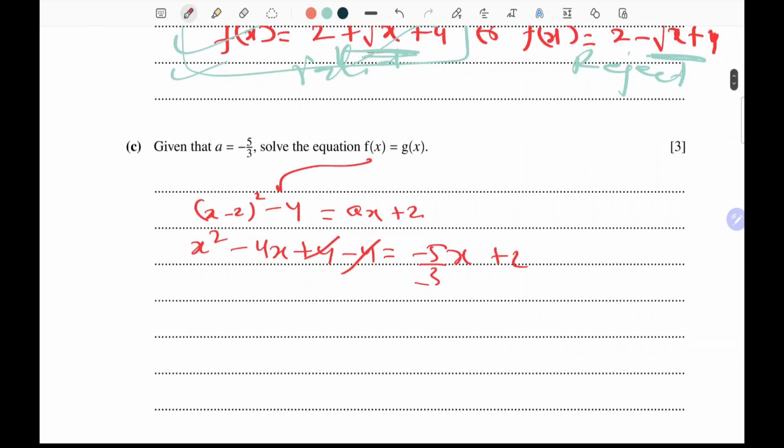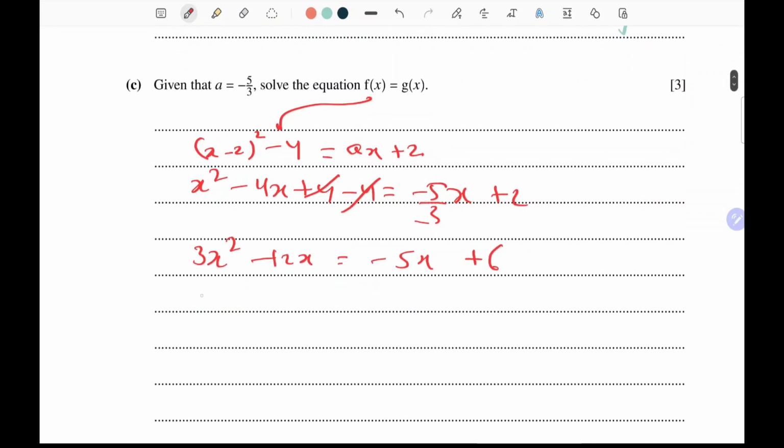The 4 got cancelled. We can multiply by 3 on both sides. So this is 3x squared minus 12x, and the 3 and 3 cancel, so this is minus 5x, and 3 times 2, that's 6.